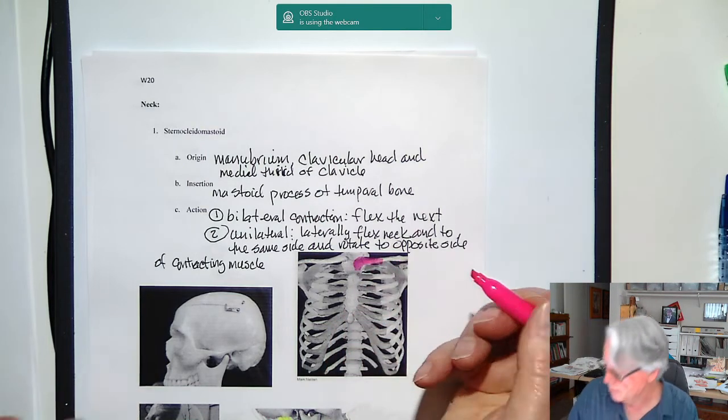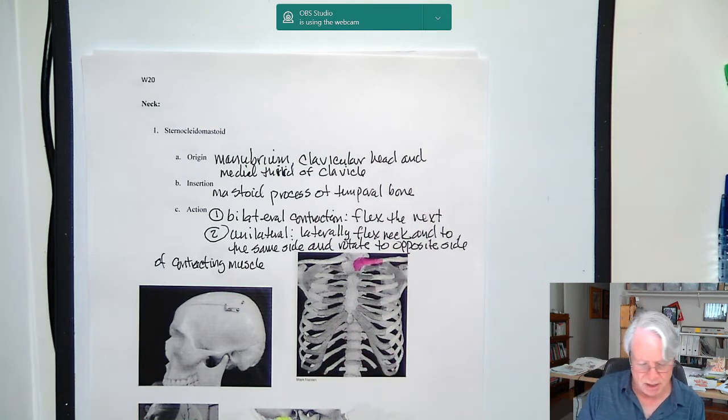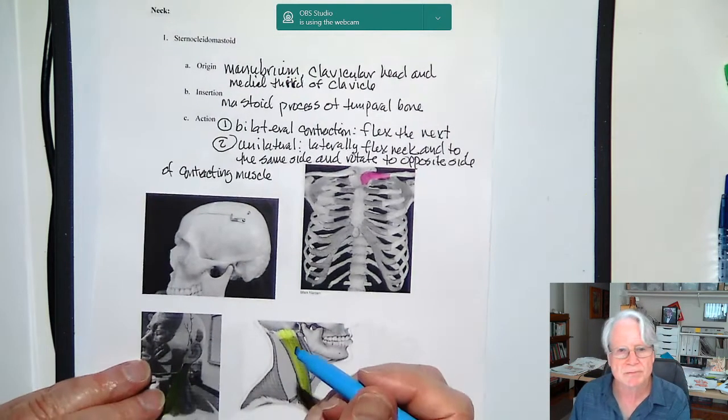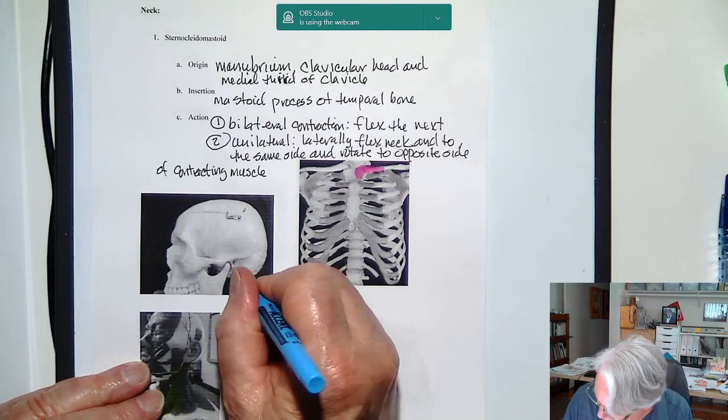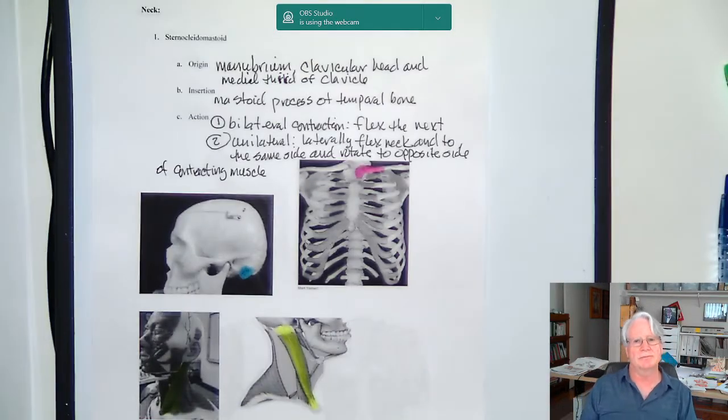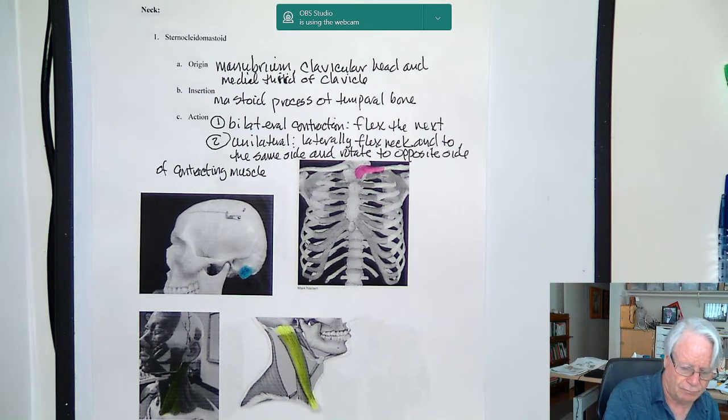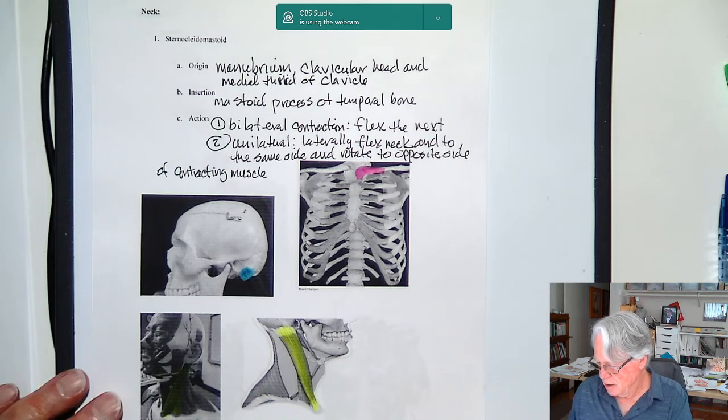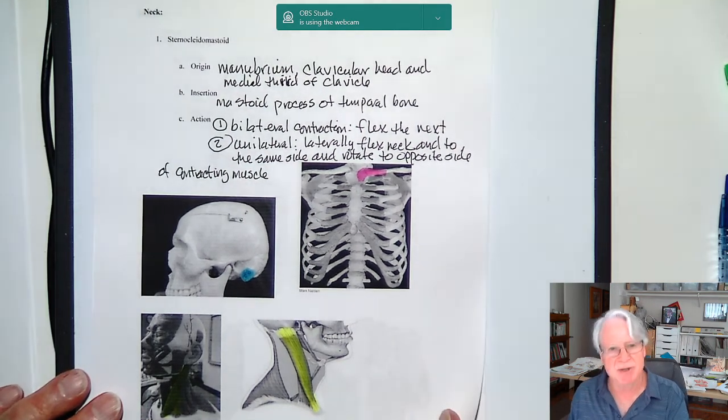There it is. And then the insertion, which is blue. Right there. All right, sternocleidomastoid muscle.